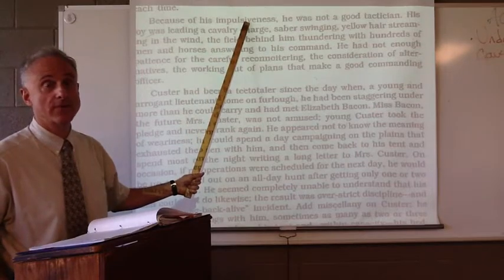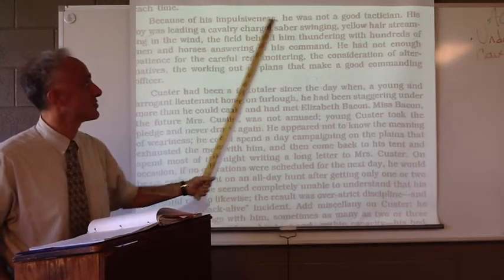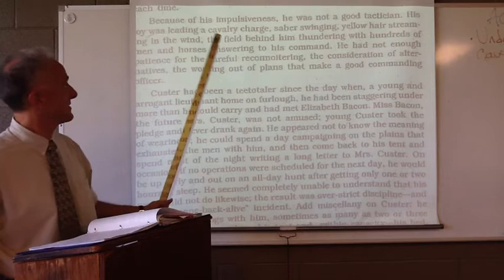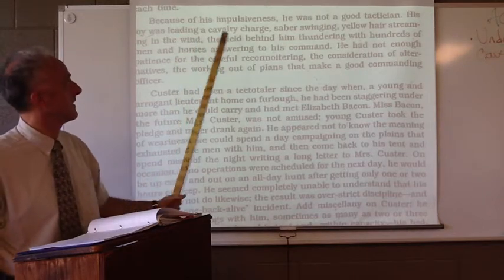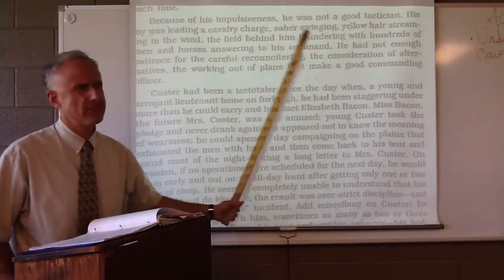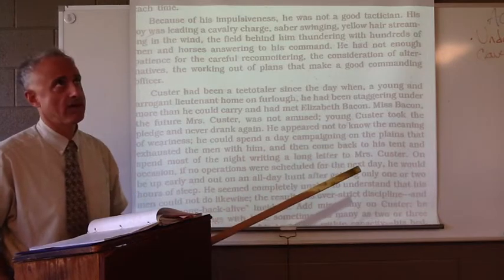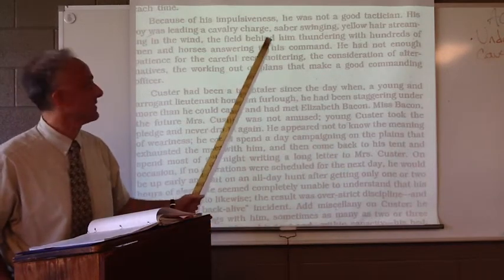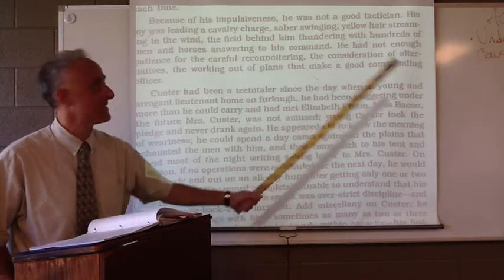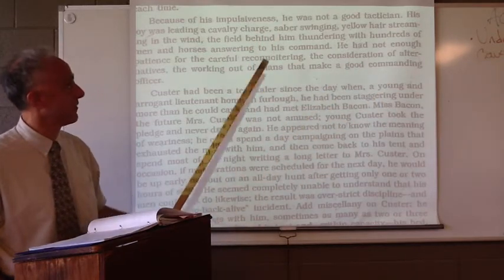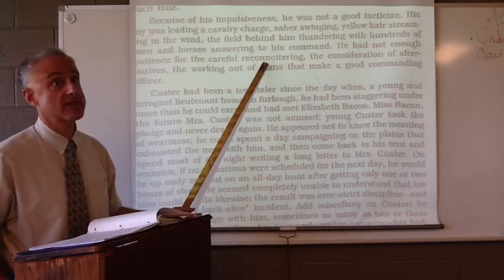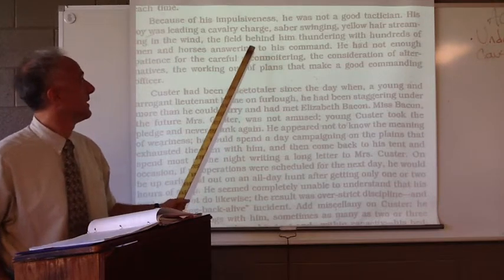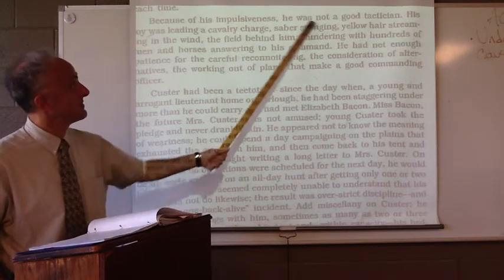It shows his impulsiveness. It shows him going extremely, but in the second sentence, he was leading a cavalry charge. It's very motion-oriented, and it's cumulative. It's extending out further and further with more and more phrases to show excessiveness again, that he isn't a good tactician.